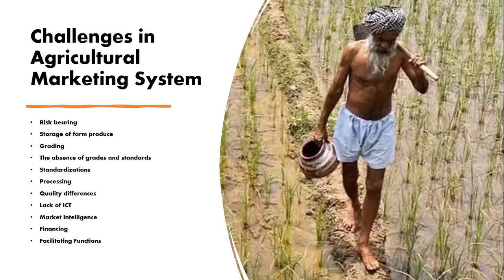And the storage of farm produce. We discussed in the break time that there are no storage facilities available, no cold rooms, maybe no suitable warehouses for the production in the agricultural areas. Therefore, at the time of production, the total quantity comes to the market, right?